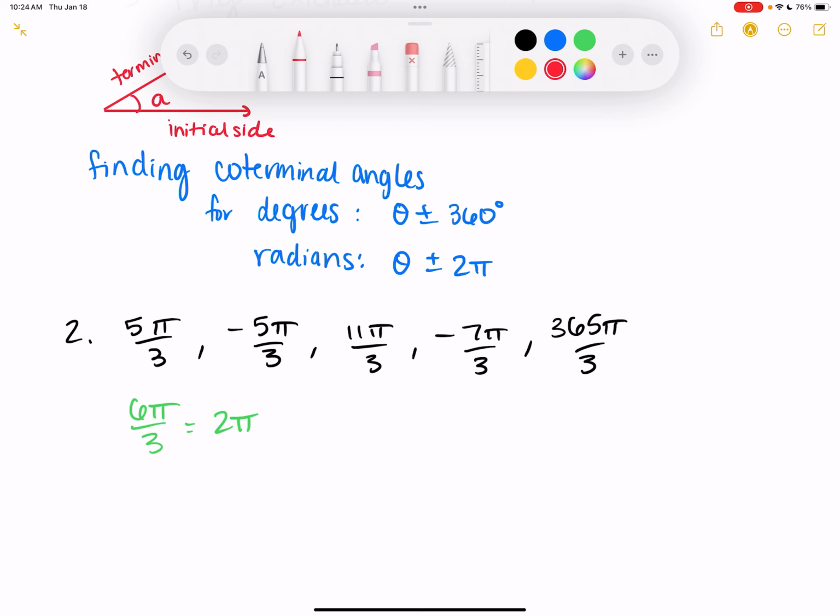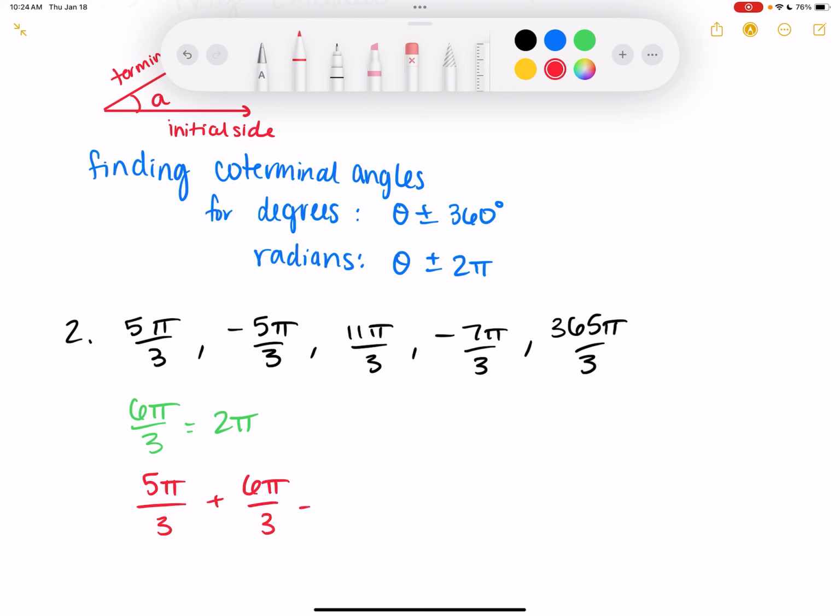Alright, so I would honestly just start out with 5 pi over 3 and add 6 pi over 3 to it, and then do some subtracting, and hopefully I get one that isn't coterminal before I get to the 365 and have to add a million times. But anyways, I would always start out with whatever the first one is that they give you.